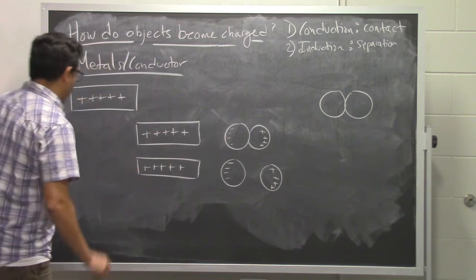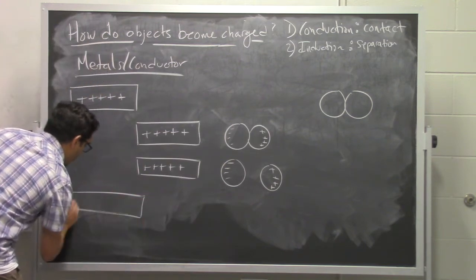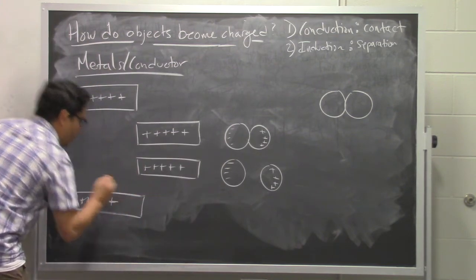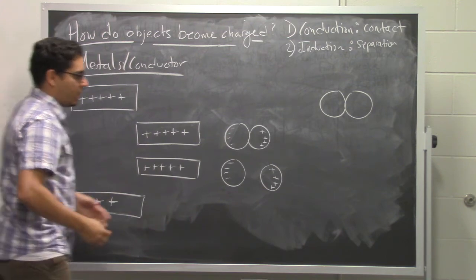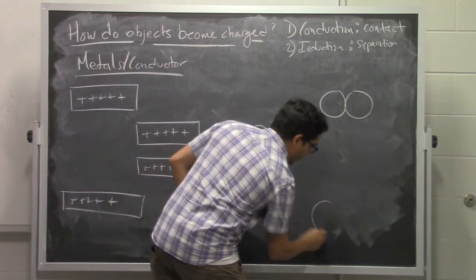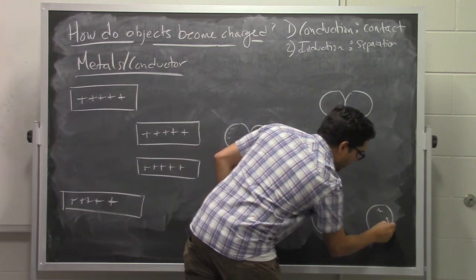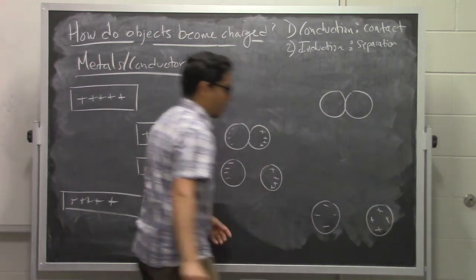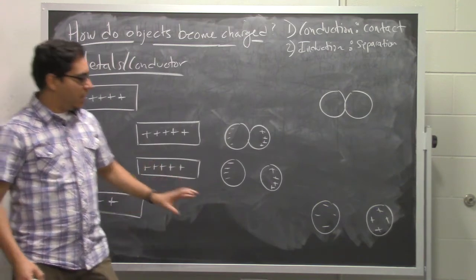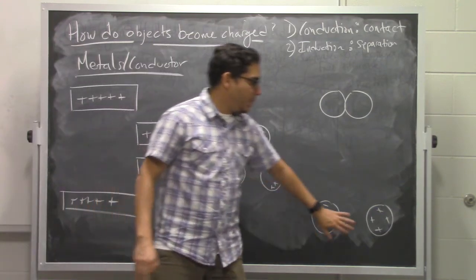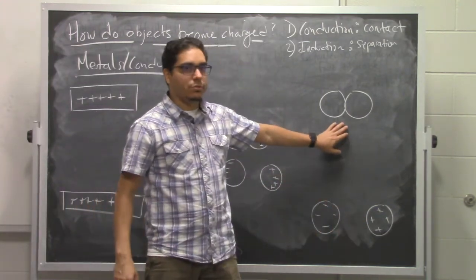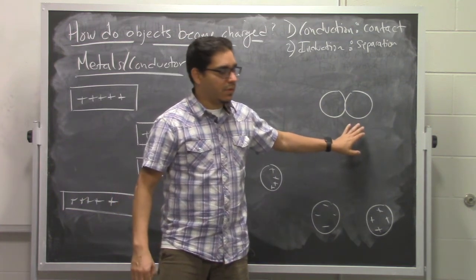If we remove then the rod, pull it really, really far away, take the two spheres over here, these will redistribute as well in some way, again depending on their shape and how much charge gets transferred. But what we end up with is a net negatively charged and a net positively charged object, whereas before we had two neutral objects. So this is the example of induction.